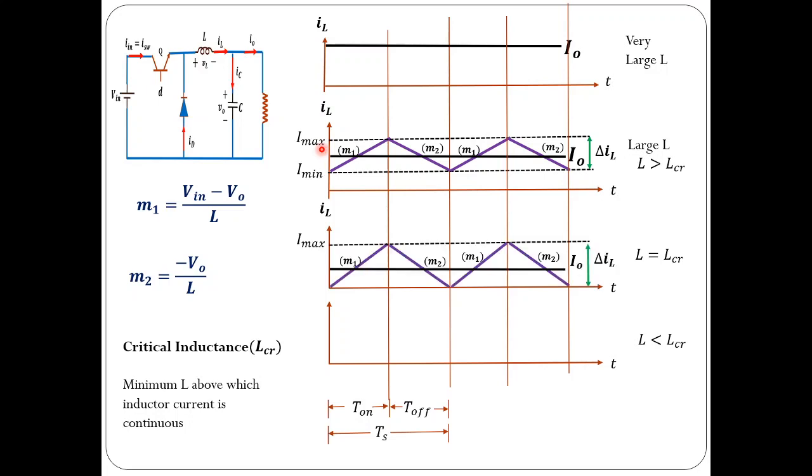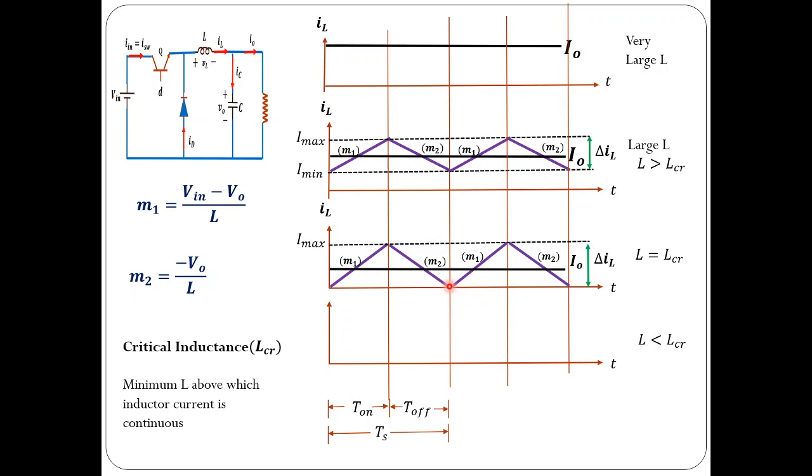But if you reduce further, let me assume that it is reduced to the critical value of the inductance, LCR. This kind of situation would occur. In steady state, at the beginning of the on period, the current starts rising from 0 and reaches a maximum value. Again during the off period the current falls, and exactly at the instant where one switching period is about to complete, it falls to 0.